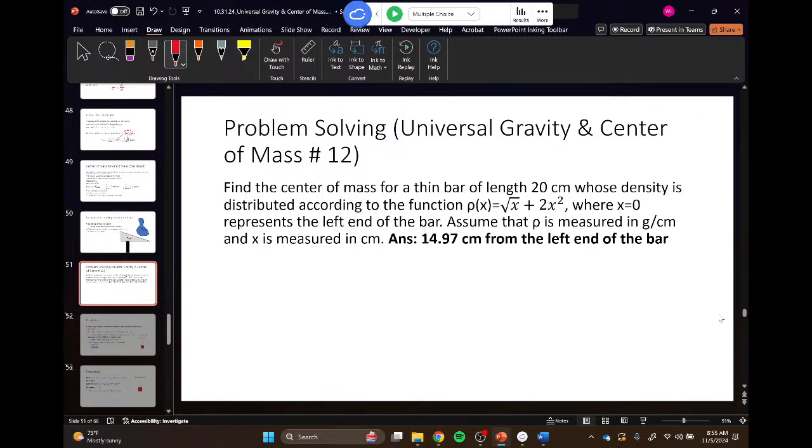Yep. Yeah, exactly. Sure. Yes, that was the derivation. That's what we use to get solved.